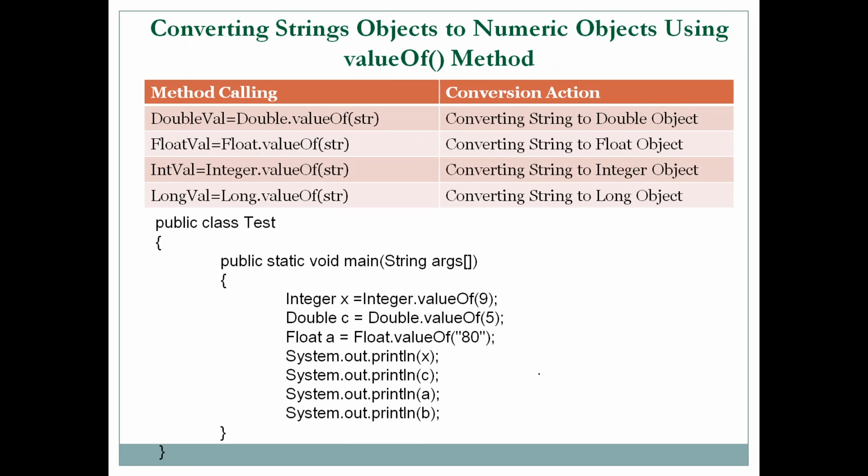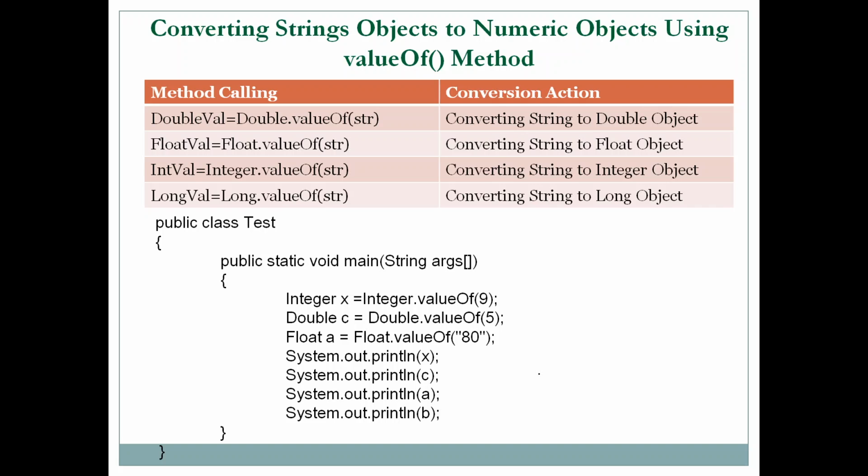Now converting string objects to numeric objects. In the last example we have seen how to convert numeric to string objects. Now we will do the reverse process, that is converting string objects to numeric objects by using a method called valueOf. The valueOf method will give us the numeric representation of a string object.